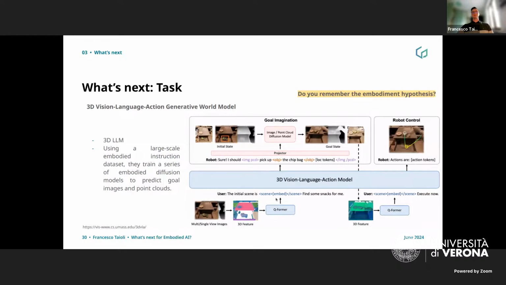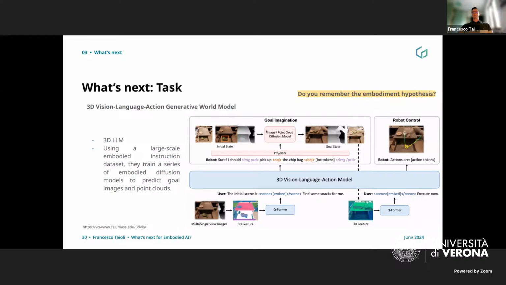The prompt is the initial scene, so this is the scene embedding, and I ask, find some snack for me. The 3D vision language action model says, sure, I should go to this location inside the image and pick up this object.